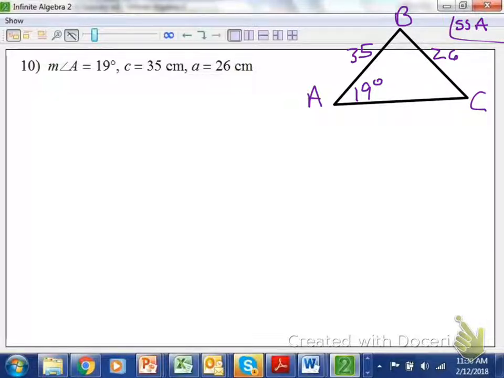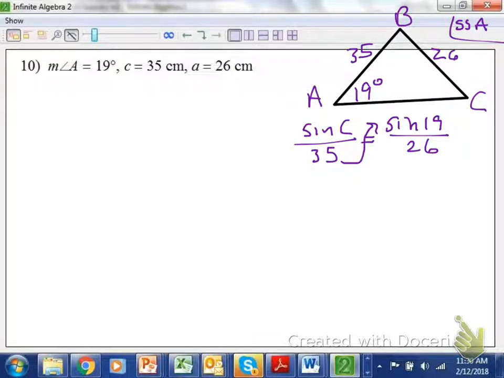All right. Which piece are we forced to find first? C. So sine of C divided by 35 is equal to sine of 19 divided by 26. We're going to cross multiply and move that 35 up.